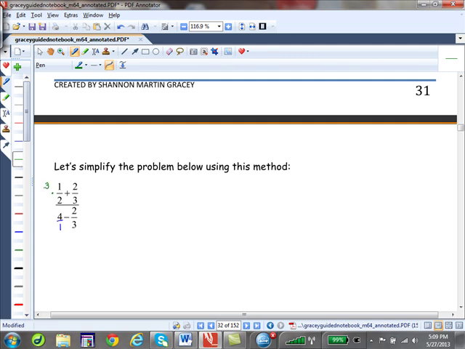So I'd multiply the half by 3 over 3, and the 2/3 by 2 over 2 in order to get 6 in the denominator of the numerator. Then the LCD for the denominator is 3, so I'd multiply the 4 by 3 over 3, and that would get me a common denominator there.